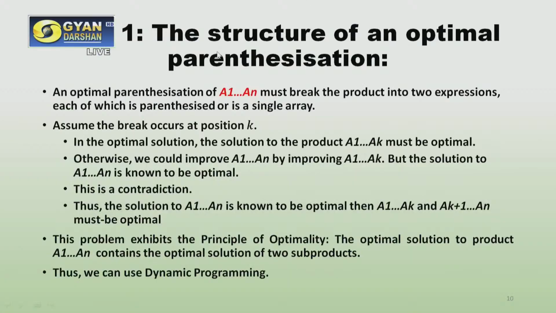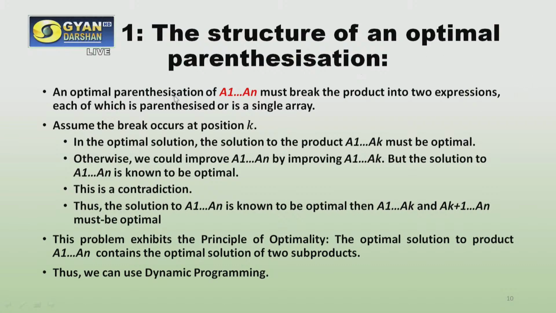So let's look into step 1, which is the structure of an optimal parenthesization. Let's look at an optimal parenthesization of a matrix chain multiplication. We must break the product into 2 expressions.